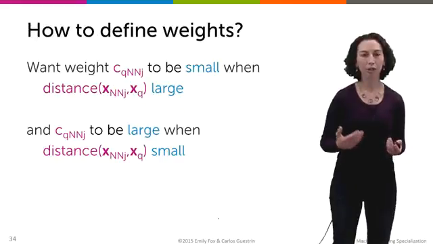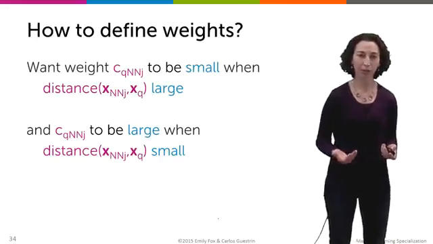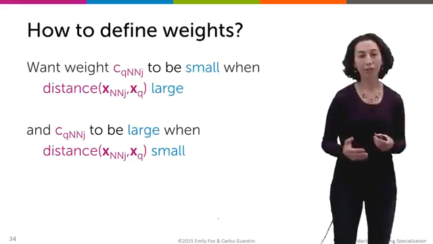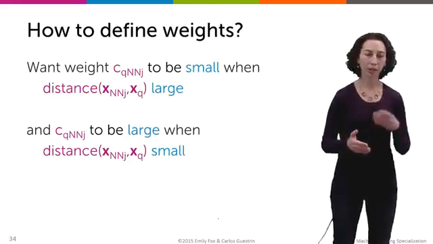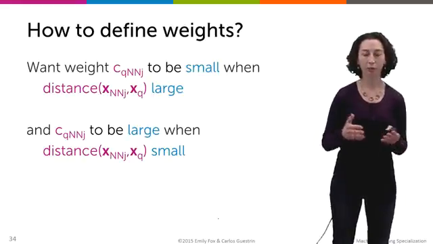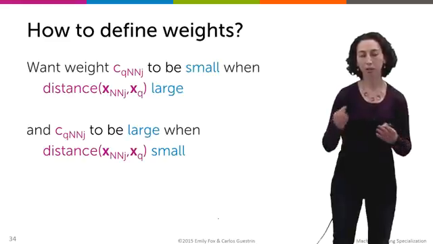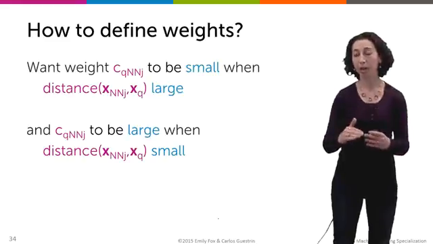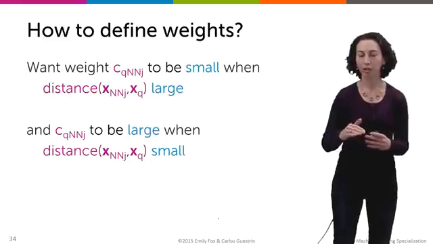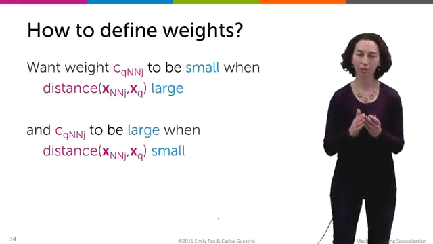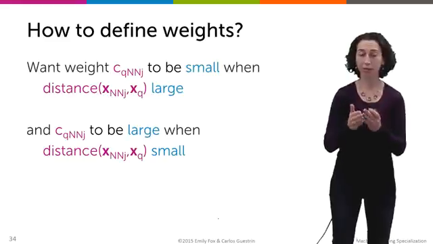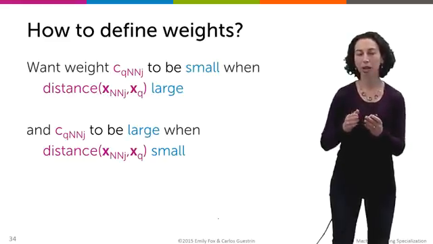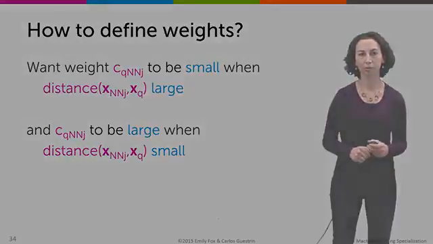And the question is, how do we want to define these weights? Well, if the distance between my query point and this nearest neighbor is really large, then we want this constant that we're multiplying by to be very small because we want to downweight that observation. But in contrast, if the distance is very small, meaning this house is very similar to my house, I want that constant to be larger.